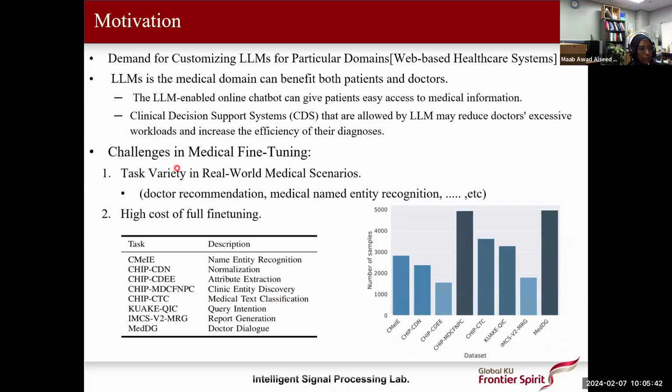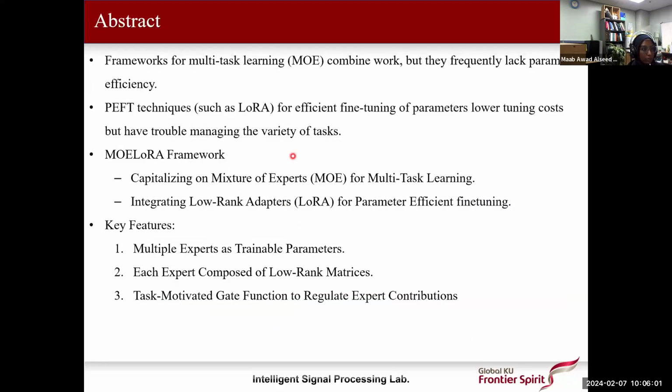Also, if we want to apply full fine-tuning for multitask learning, the cost of the full fine-tuning is another issue we can face. So here comes the proposed method in this paper, where they tried using multitask learning. One method is called mixture of experts.